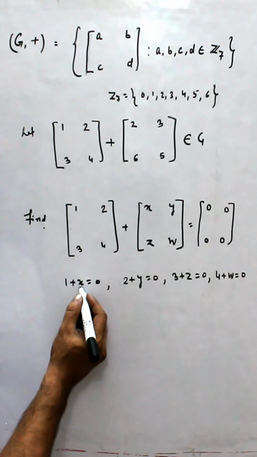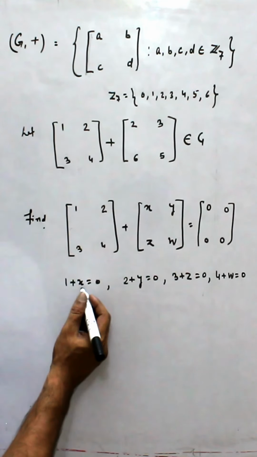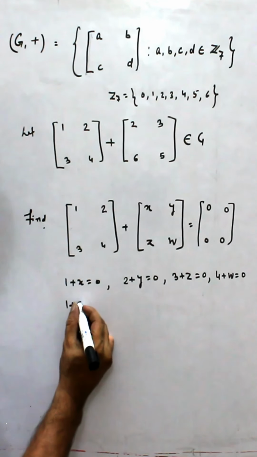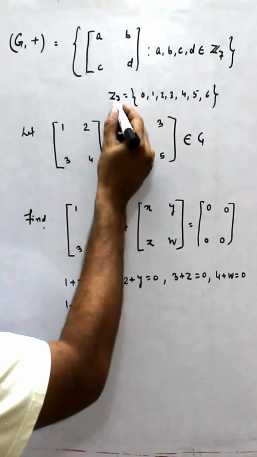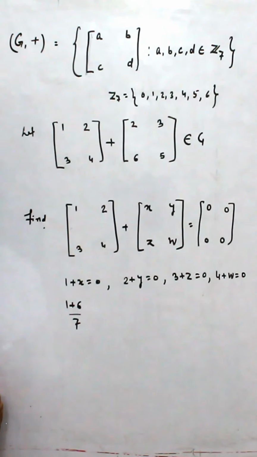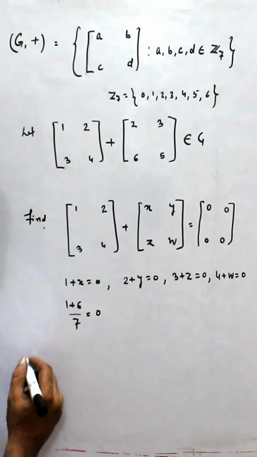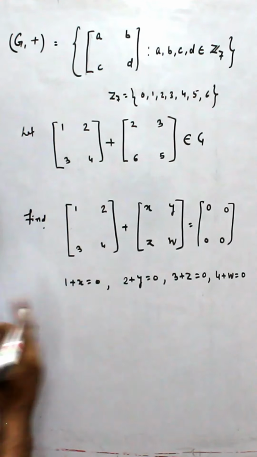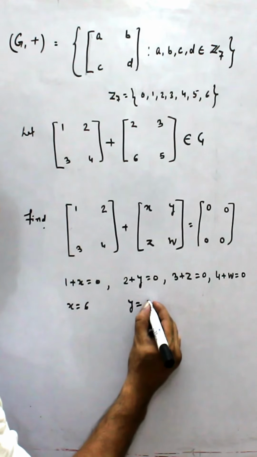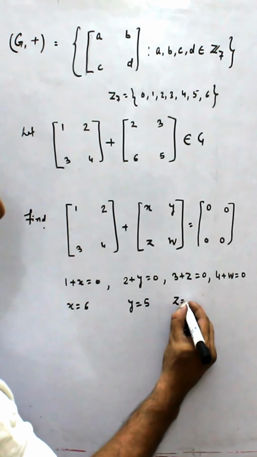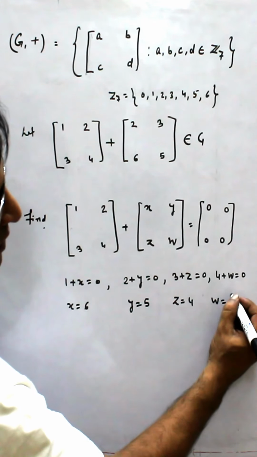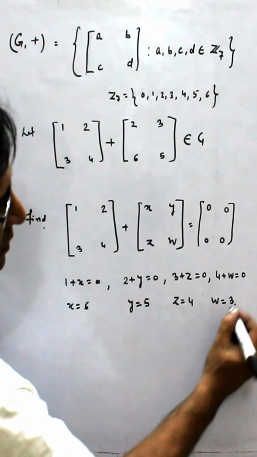So what do I add to 1? I add 6, then it becomes 7, and because the operation in Z7 is division by 7, the remainder is 0. That means x is 6, y is 5, z is 4, and w is 3.